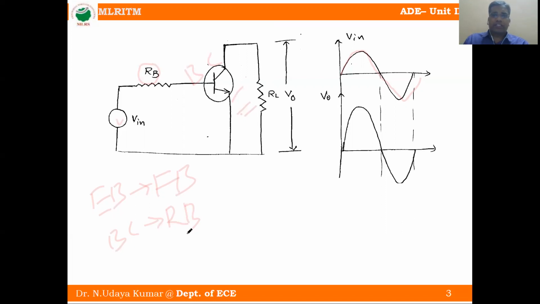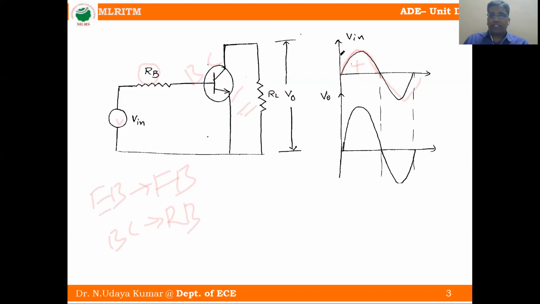So whenever an input signal is applied to a transistor, the emitter-base junction is forward biased during the first half cycle. So this is the first half cycle. That means the positive portion is amplified.